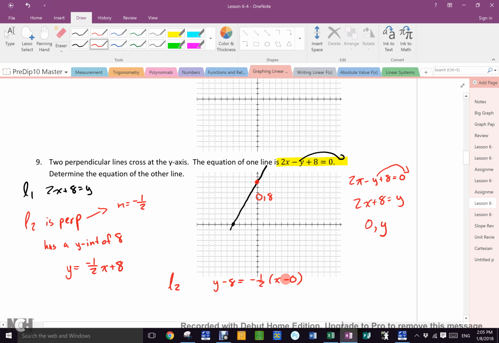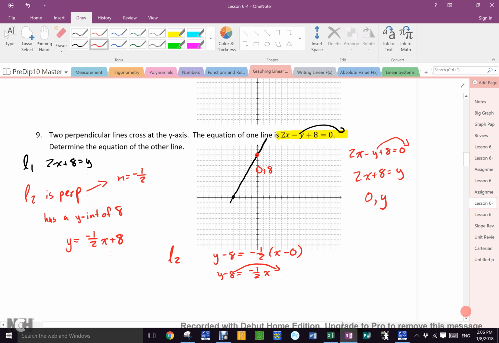Now look closely at that. X minus 0 is what? Negative 1/2 x. What would happen to that 8 if I moved it over here? It'd be positive. And you can see that point slope form and slope intercept form play together very nicely.